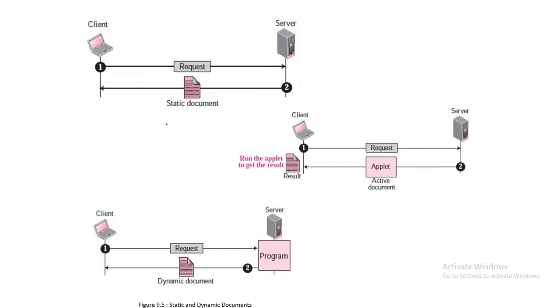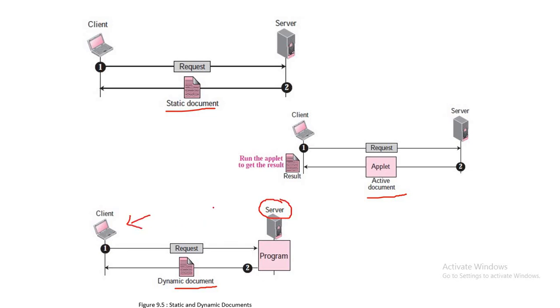In that case, we have discussed static document, dynamic document and active document. In static documents, elements of the web page are steady, there is no modification of any elements. Whereas in terms of dynamic documents, the modifications happen at the server's end and are visible to the client.